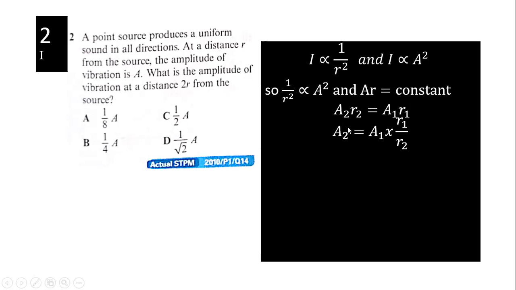So you want the new amplitude. Take the r2 down and replace A1 with A, r1 is r, then you have 2r. r and r cancel. Half A. So C, not B, C.